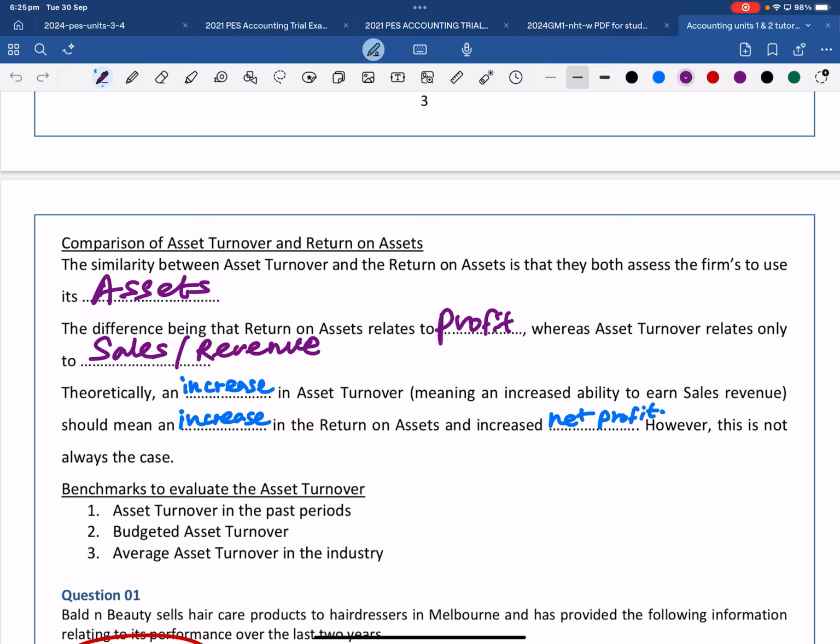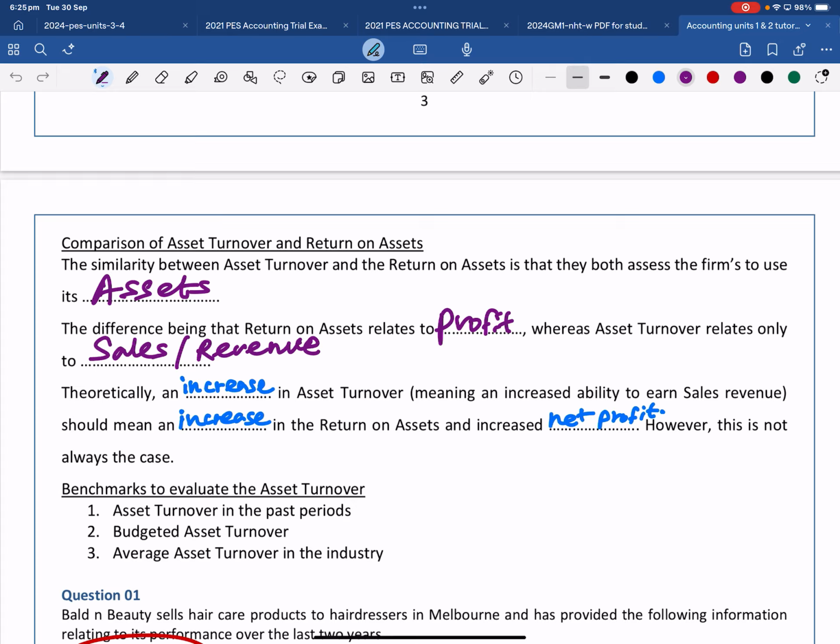Maybe to deal with the high volume of sales, we need more labor, more space, so we pay a higher rent. However, guys, theoretically, remember, an increase in ATO means it should increase the ROE as well. Basically, that's it for the first part.